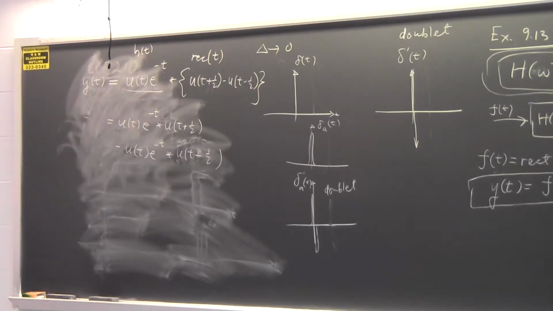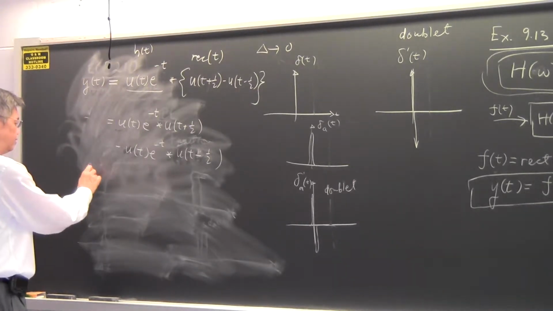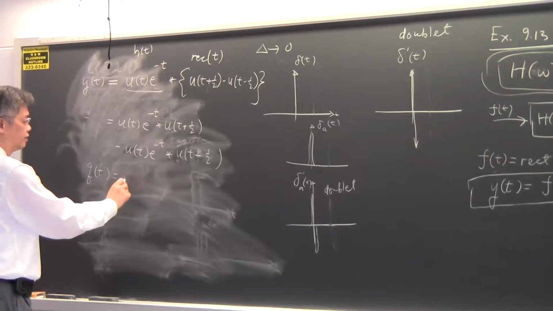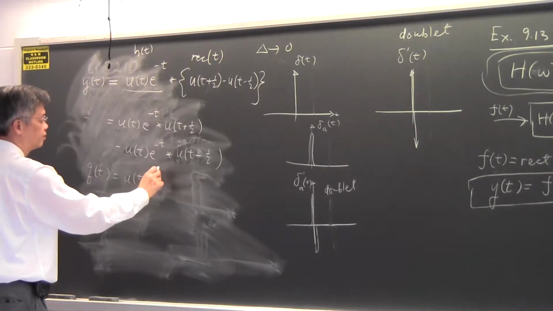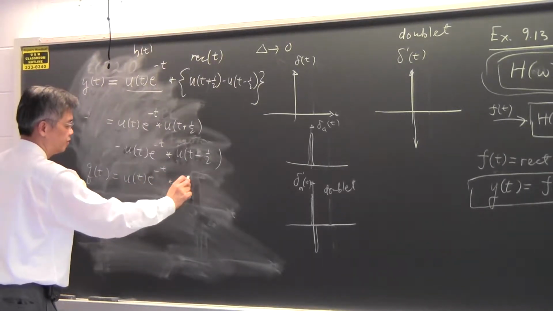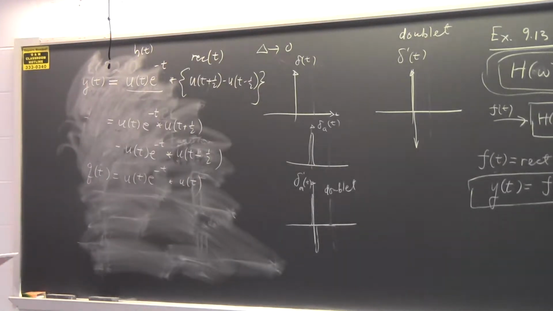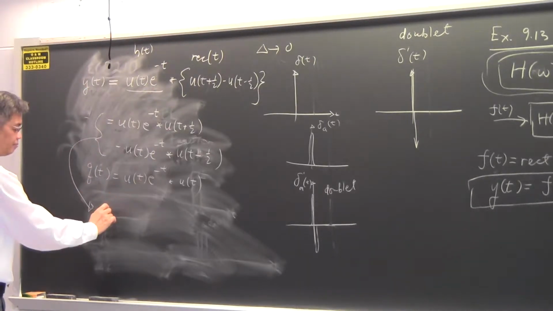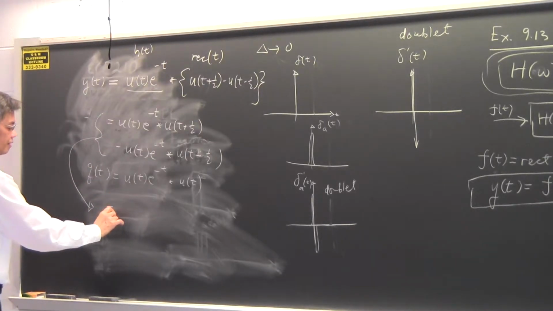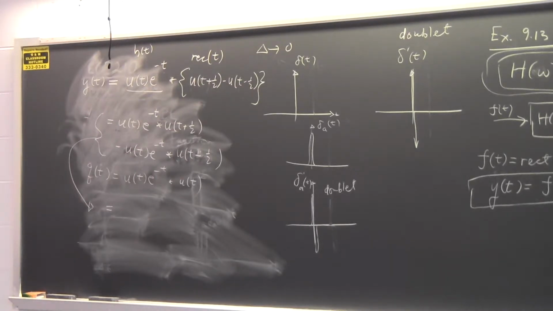Then, if we define a quantity that is equal to this thing convolving with u of t, then this thing over here is just this thing being delayed.